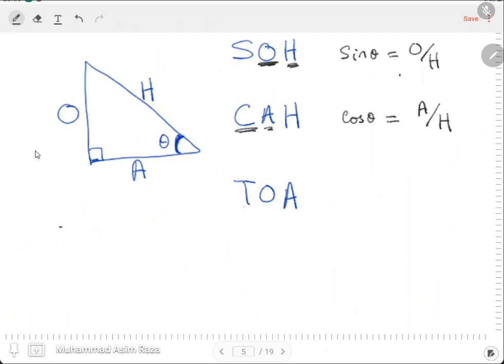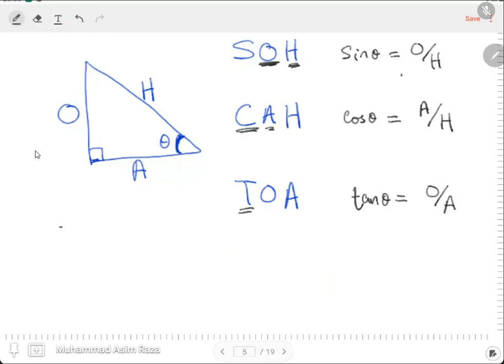Then T is for tan theta, and it is opposite over adjacent. And these are the trigonometric ratios.